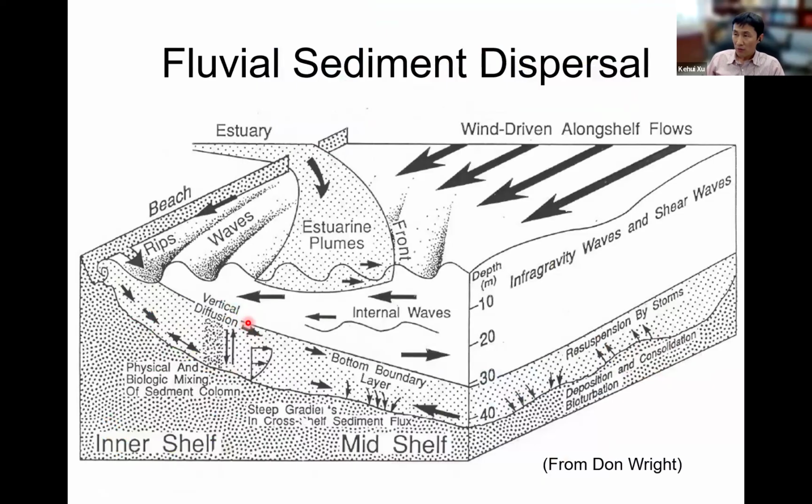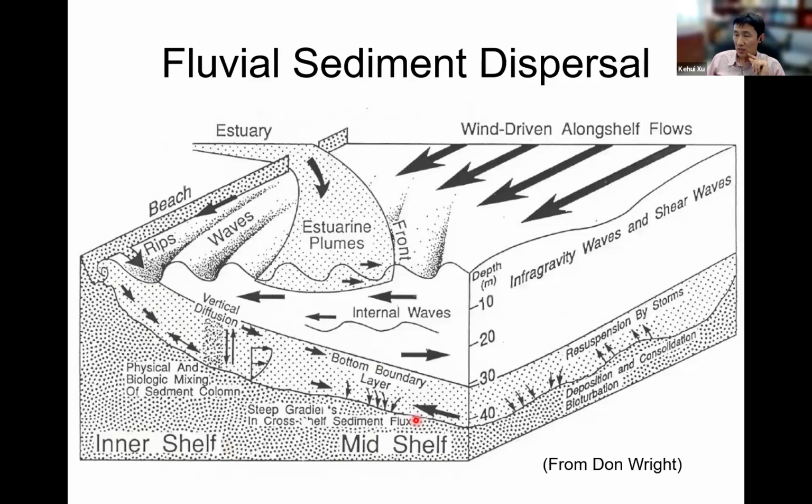A little bit of background information about fluvial sediment dispersal on the continental shelf. Let's say we have a river delivering water and sediment into the coastal area. You have an estuarine plume like this. This is the inner continental shelf, and this is the middle continental shelf.